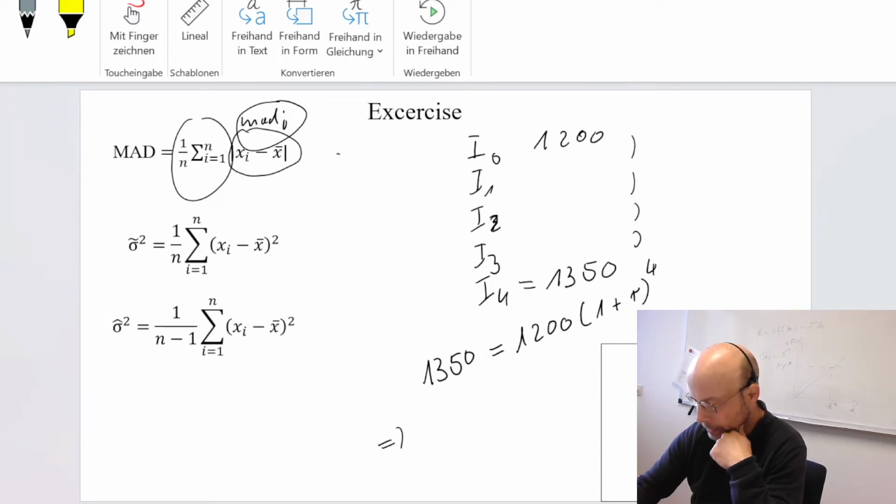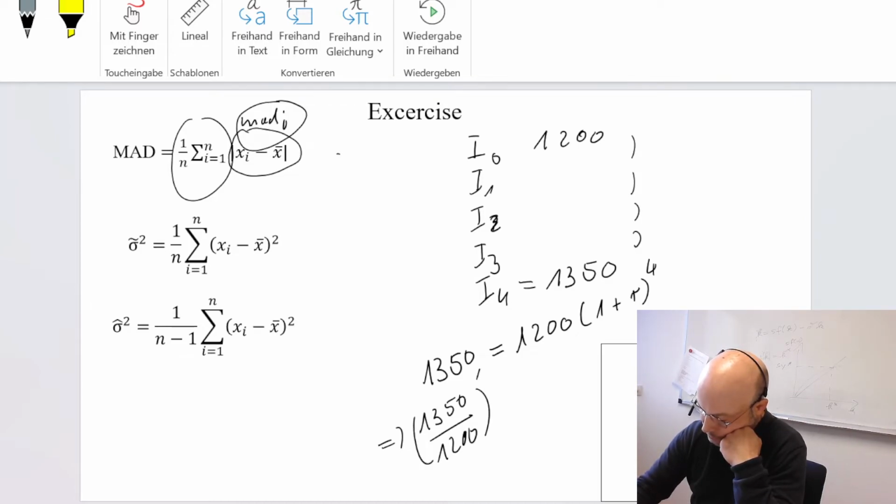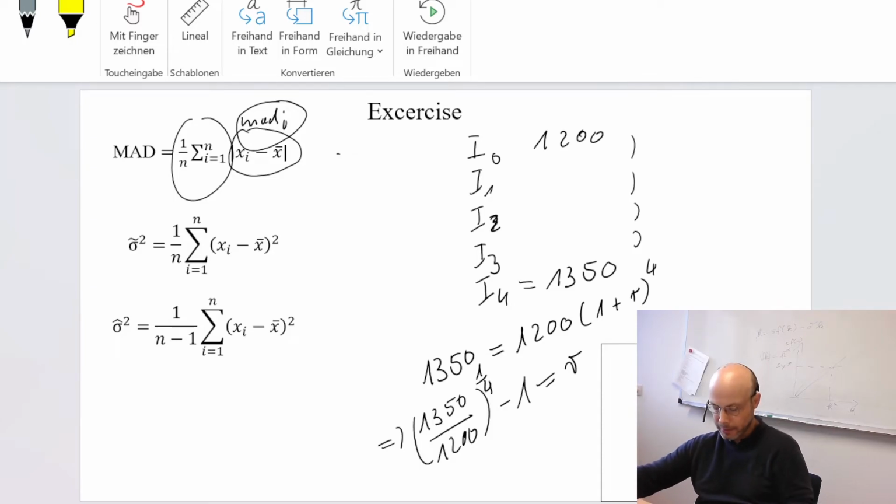So what we have to do is taking 1,350 over 1,200 up to 1 over 4 minus 1 equals R. Hopefully this you have already seen.